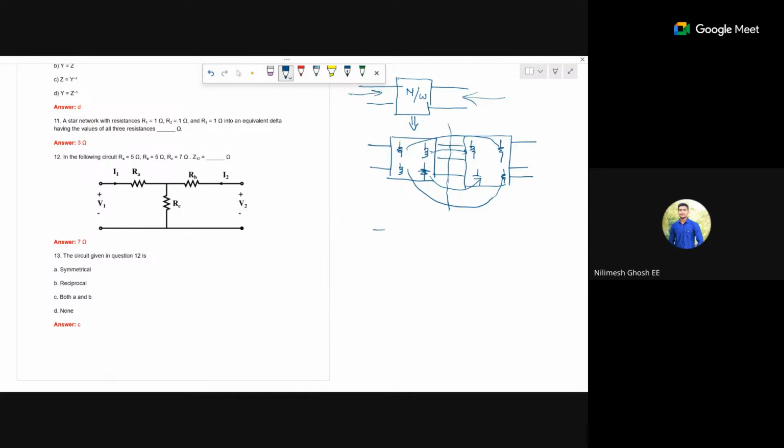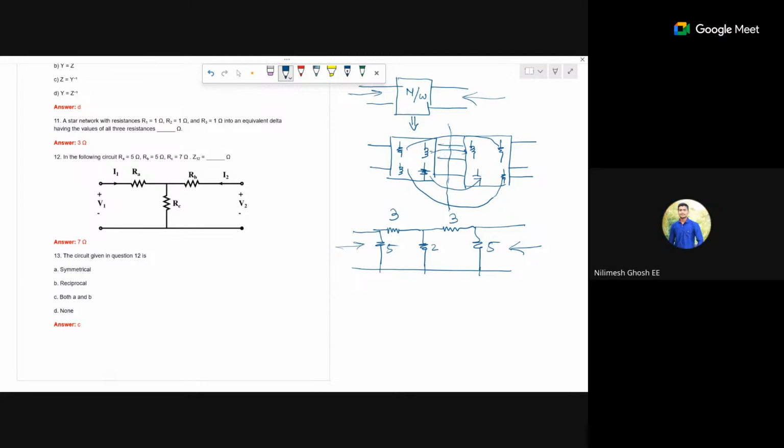Let's say I assume resistors here, here and here, with values 5, 2, 5, 3, 3. This circuit is both reciprocal and symmetrical, because from this side and from that side the circuit is exactly similar.